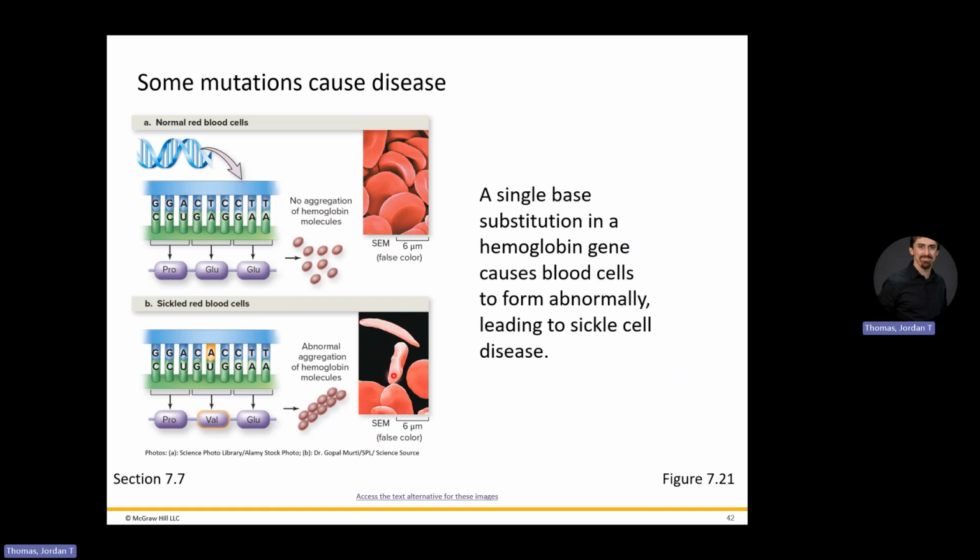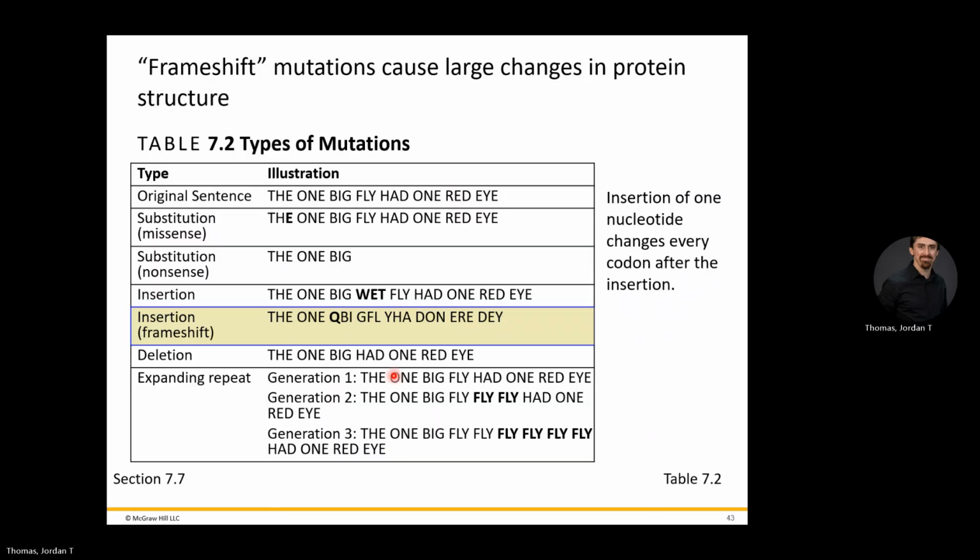So a mutation can cause disease. We also have what's called a frame shift mutation, which are large changes in the protein. So here, what we have is what's called an insertion. An insertion of one nucleotide changes the codon after the insertion. So remember, a codon is every three. So in the sentence "the one big fly had one red eye," each word is 3 letters, so each one is a codon.